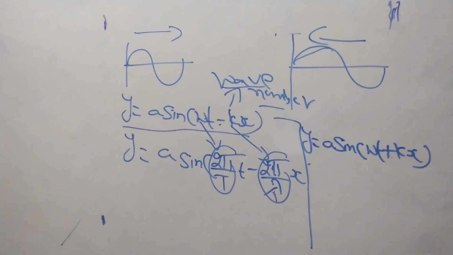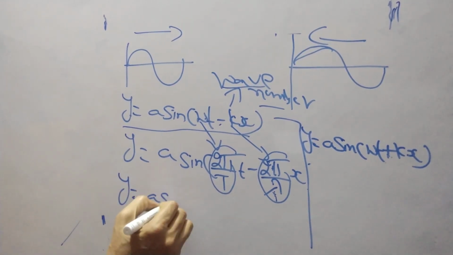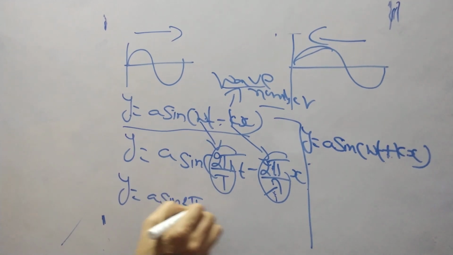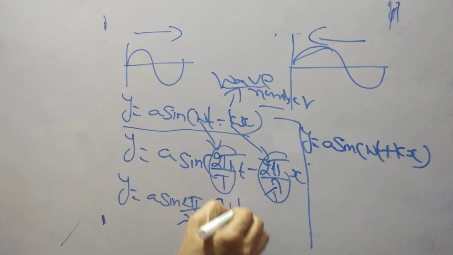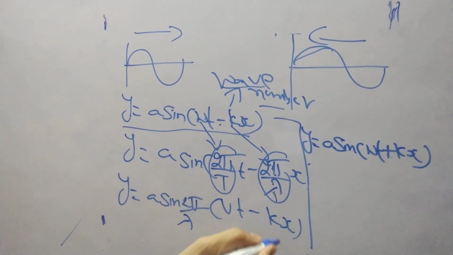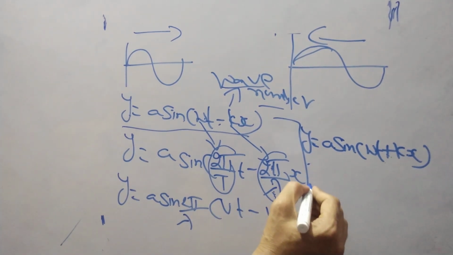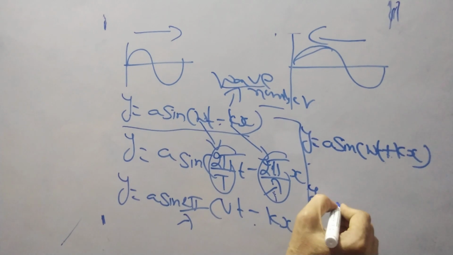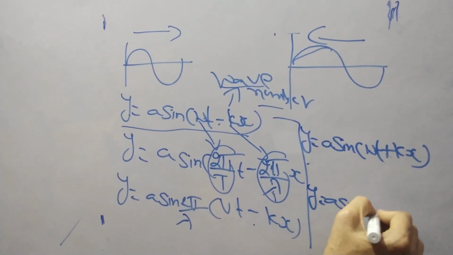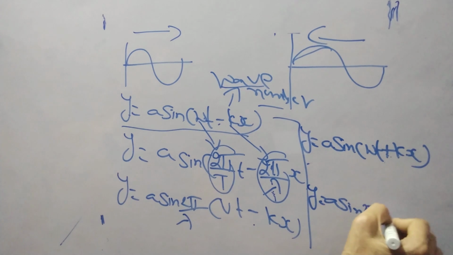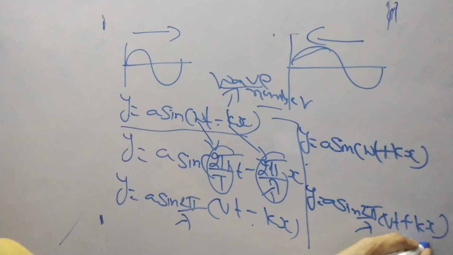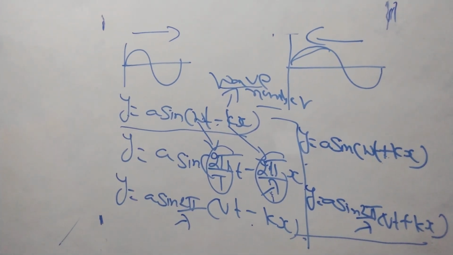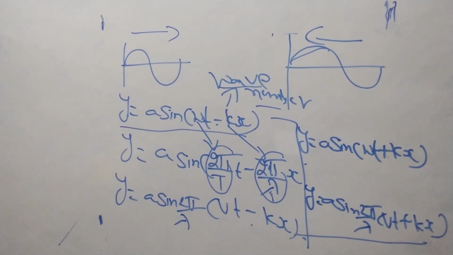Next is the equation which I have done, y equal to a sin 2 pi by lambda into (vt minus x). So this will be plus here: y equal to a sin 2 pi by lambda into (vt plus x). Okay, so this is the equation.